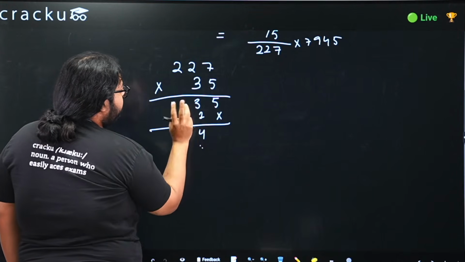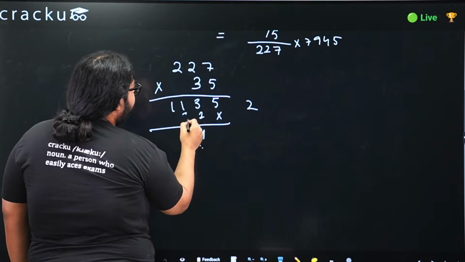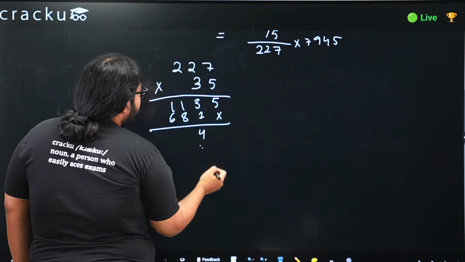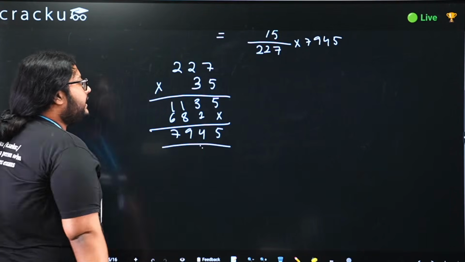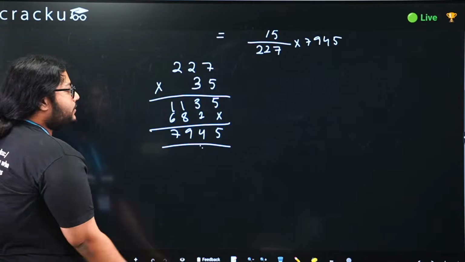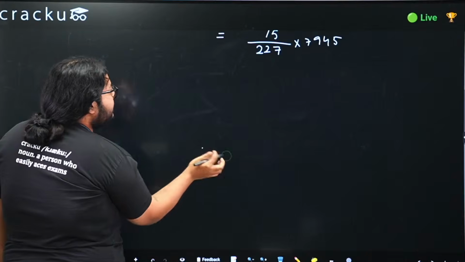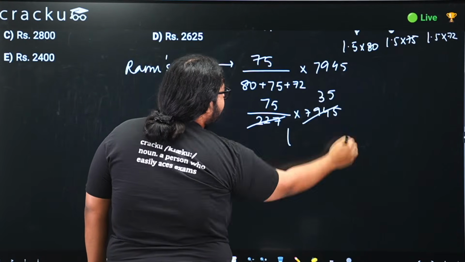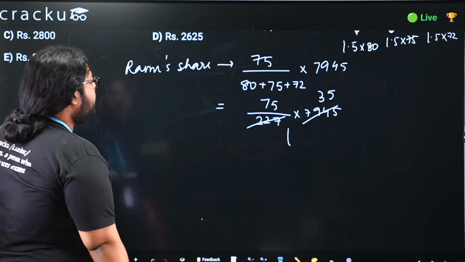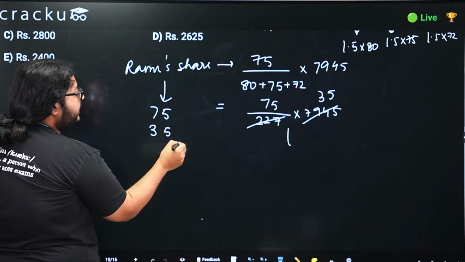Yeah, because 7 3s are 21. 1 gives me a 2. 3 2s are 6, 2, 8 and 6. So this should add up to 7945. So you could do this or you could just use the calculator. This is not a necessary step. So multiply by 35. So 227 and 35 gives me the product. So Ramu's share is basically 75 times 35.